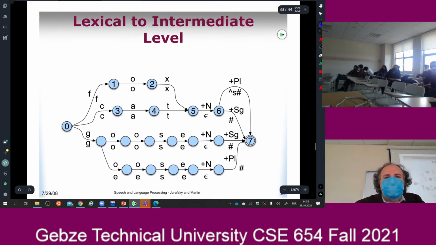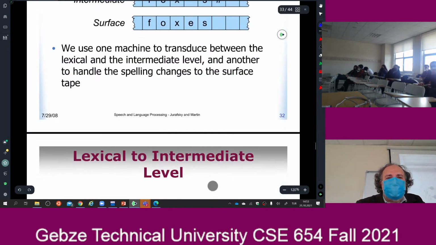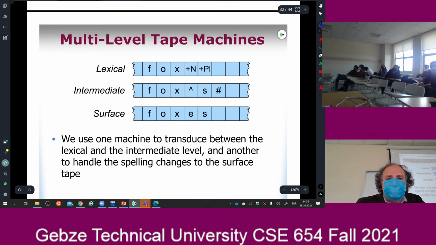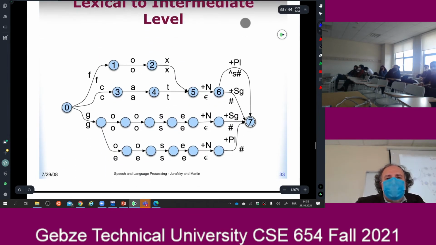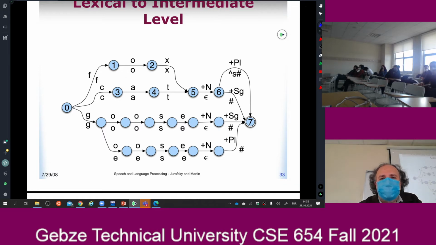So this is lexical to intermediate level. If I get an F, produce an F, get an O, O, X and X. If I get a plus N, produce epsilon. If I get a plus PL, produce caret S and sharp. That's it.